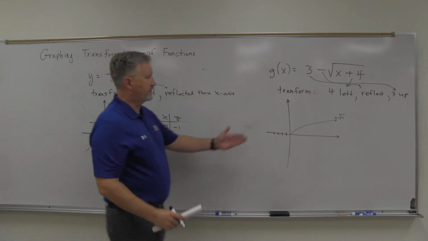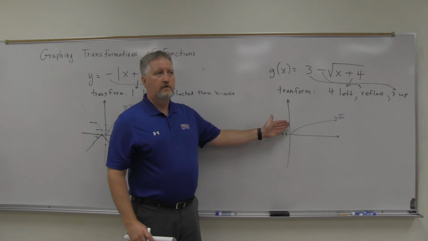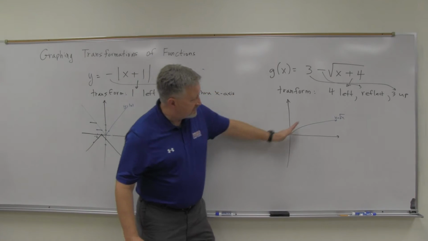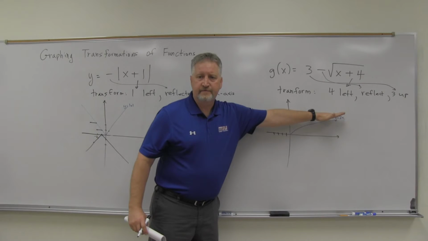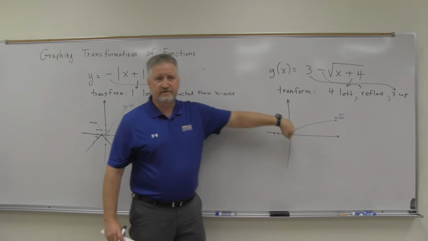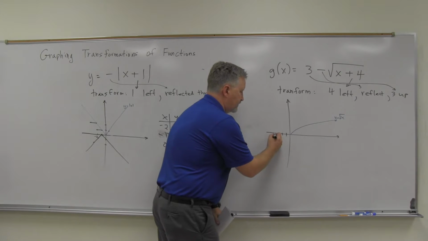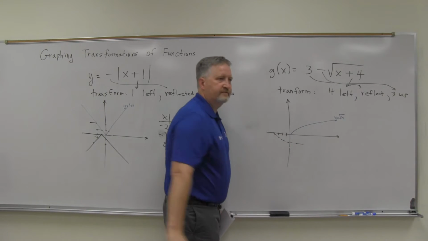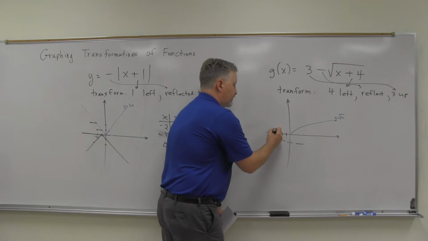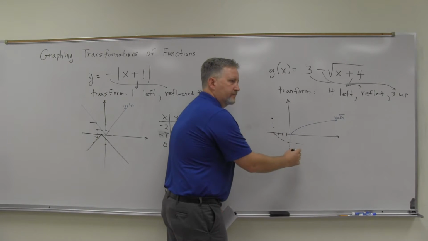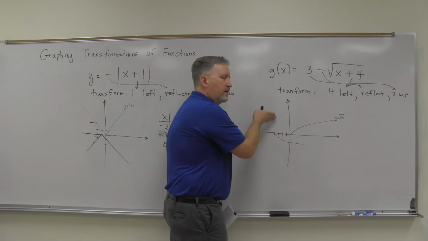All right, so what's the reflect going to do? Flip it over. So now, instead of being this up thing, it's turned over. So now, before we move it 3 up, it's looking like that, isn't it? And then I need to do 3 units up. And so that reflection now moves up above.